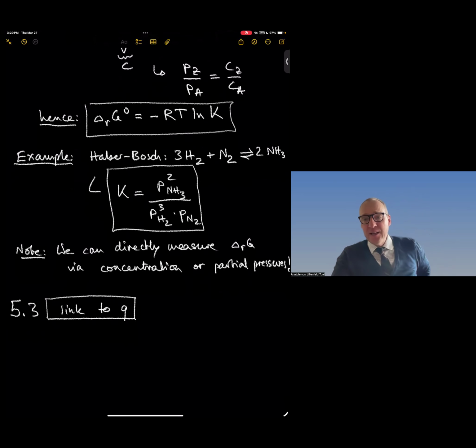And this in particular allows us, by merely inspecting the spectrum coming from a Schrödinger equation, to draw at least qualitative conclusions on what the equilibrium constant should be. And if the spectrum is, of course, given quantitatively, you can also calculate it. So that's what we're going to discuss today.